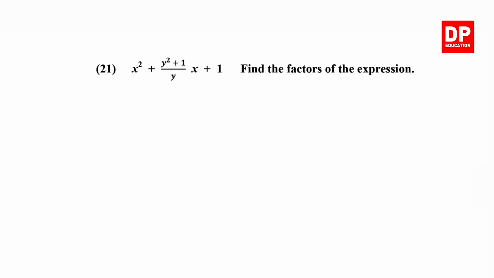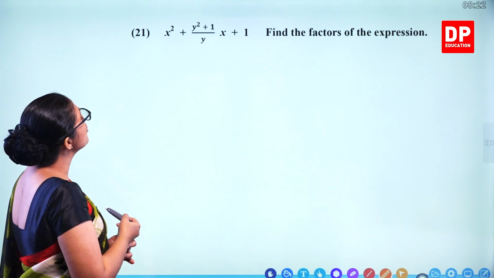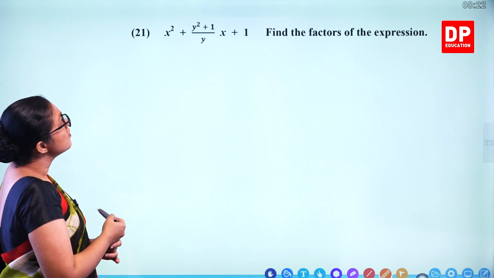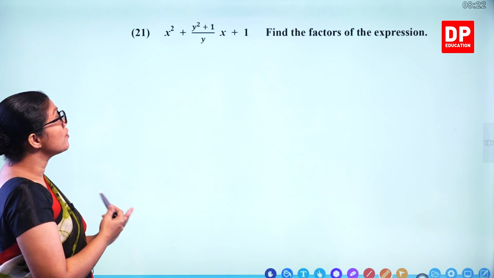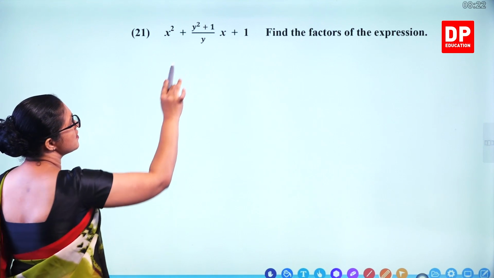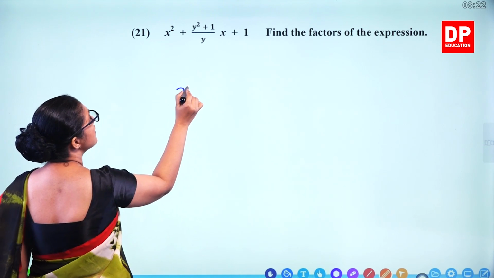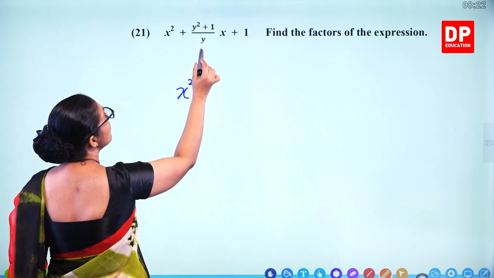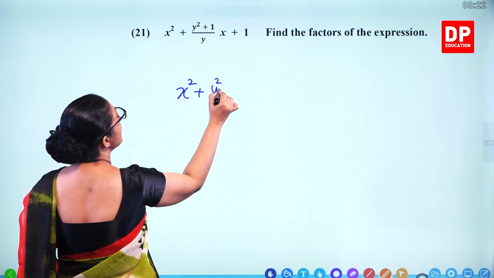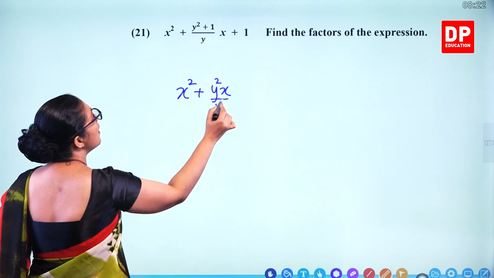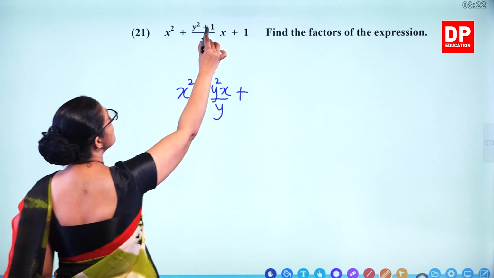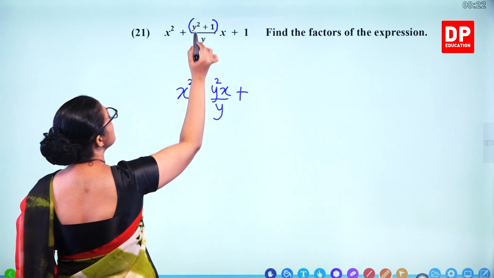Question number 21. Find the factors of the expression. So this is different to what you got previously. There's a fraction also. We'll split that. You can write y squared x over y plus, then this one, this term multiply by x now.